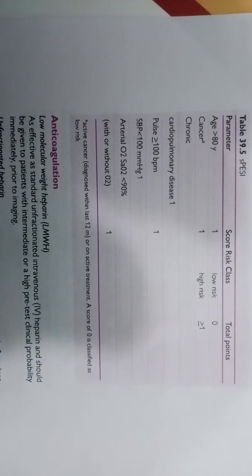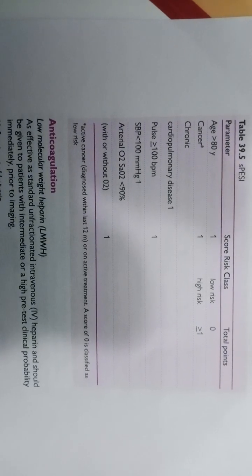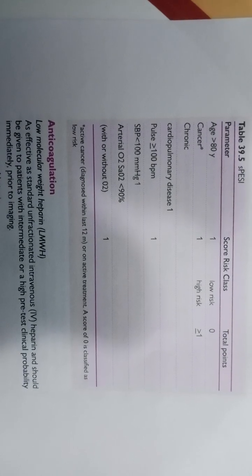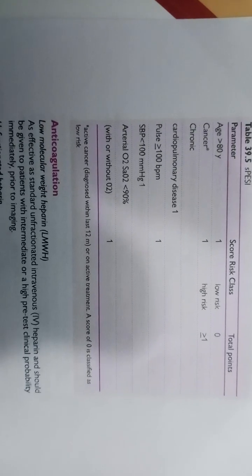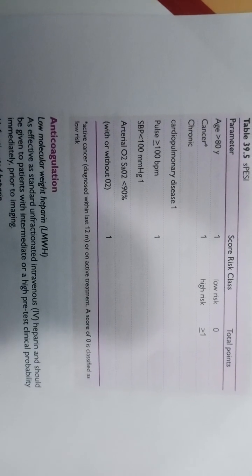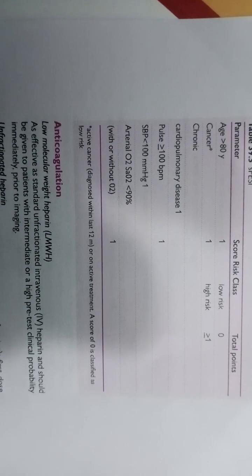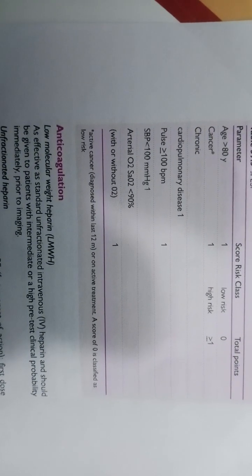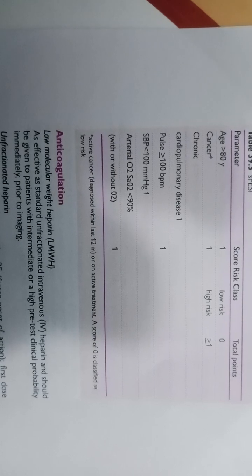The parameters include the age, cancer, cardiopulmonary disease, the pulse, systolic blood pressure, and oxygen saturation. The age, if more than 80 years, the score will be 1, which is low risk.